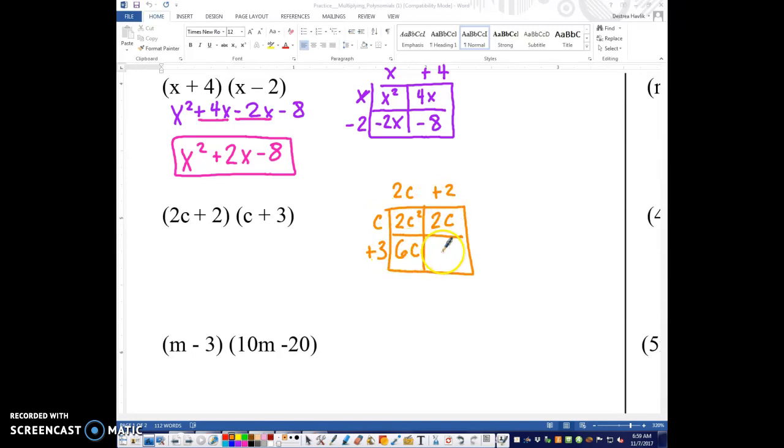And 2 times 3 is 6. So we have 2c squared plus 2c plus 6c plus 6.